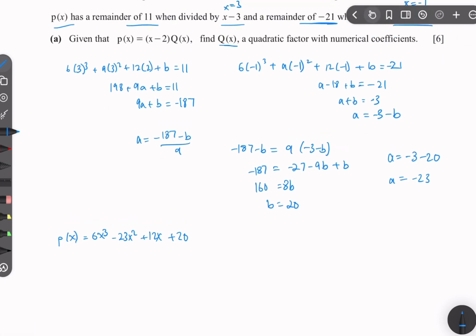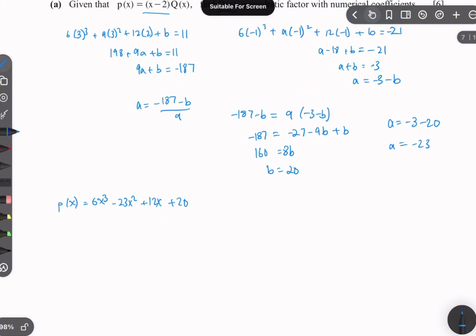Okay, the question wants us to find q(x), and q(x) is multiplied by x minus 2. So we have to divide this equation by x minus 2 to find q(x).